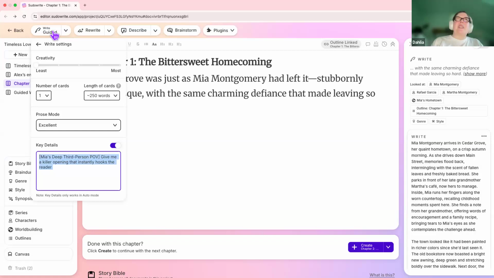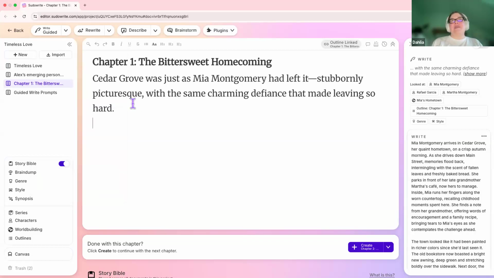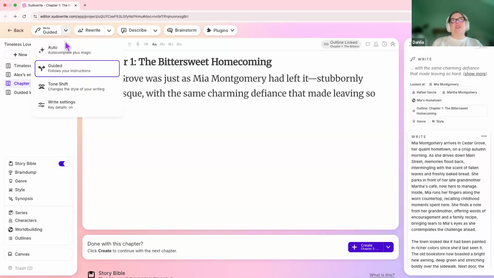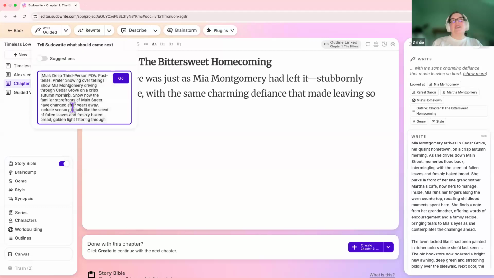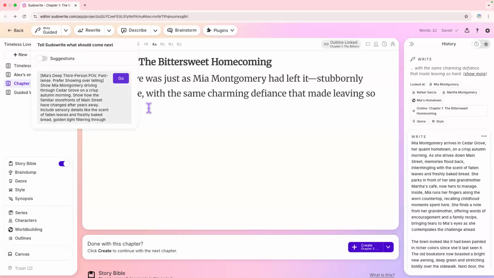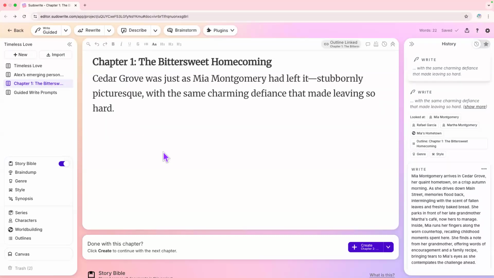And since we were in guided mode, it wasn't looking at this anyway. But let's see if Excellent does a better job at giving us the beginning. If not, then there's something broken in Write, which sometimes happens, and preferably on weekends.